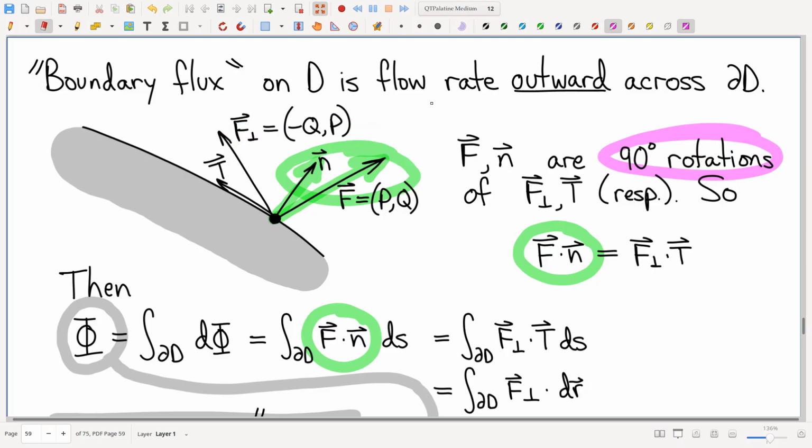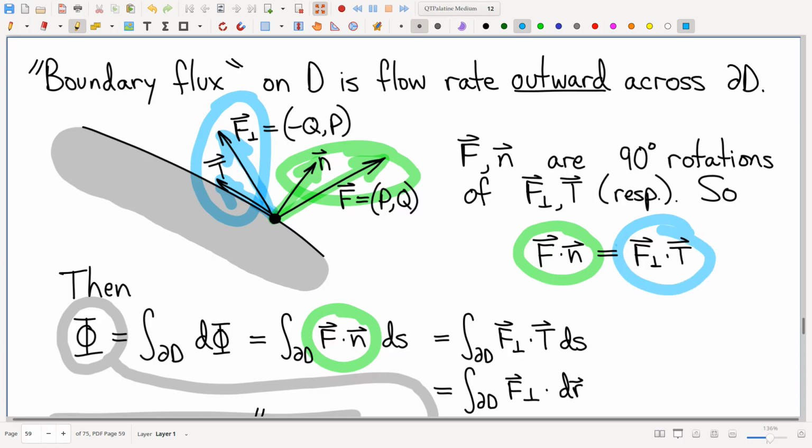So, punchline then: let's look at these two vectors, F perp and T, and think about their dot product. Those two blue vectors have exactly the same magnitudes as those green vectors. The angle between the two blues is exactly the same as the angle between the two greens. That blue dot product is the same, and so if you want to compute that green dot product, we do so with the blue dot product.